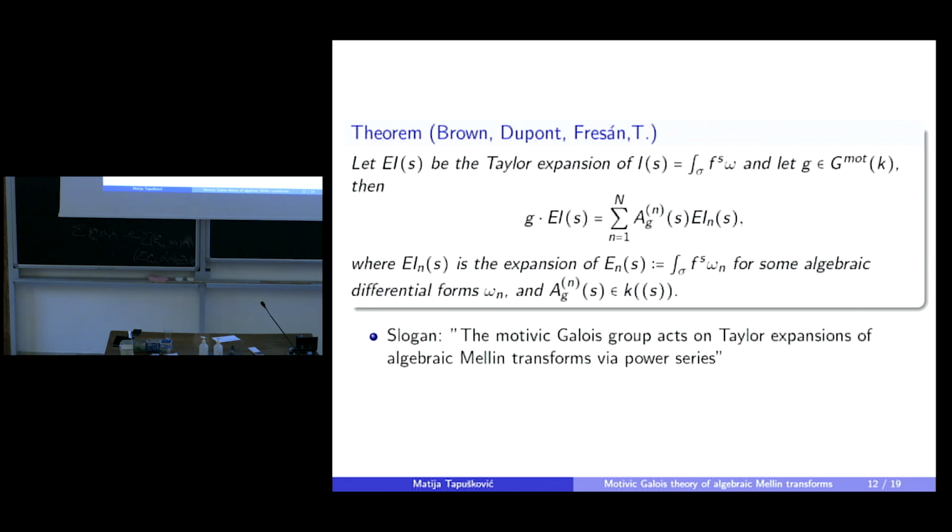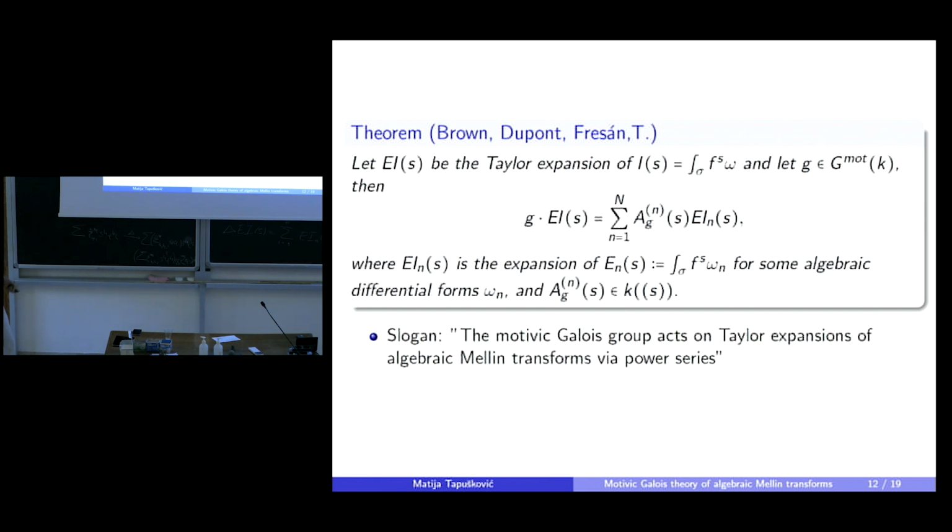And here we have simply the elements of K double bracket S. As a coaction, I can write this by saying that EIS is a finite sum, 1 to n, of EIN S tensored with ANS. Okay, and so these here are in O of G motivic double bracket S.